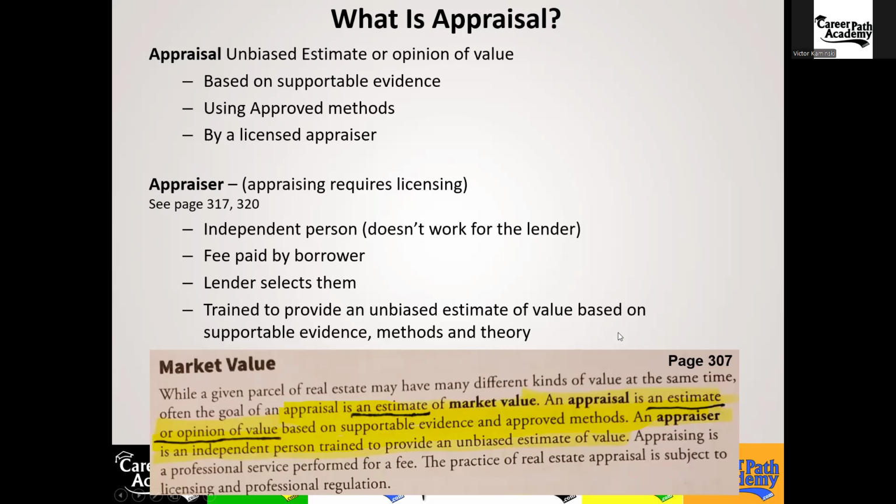So let's highlight this on page 307 about market value and an appraisal.